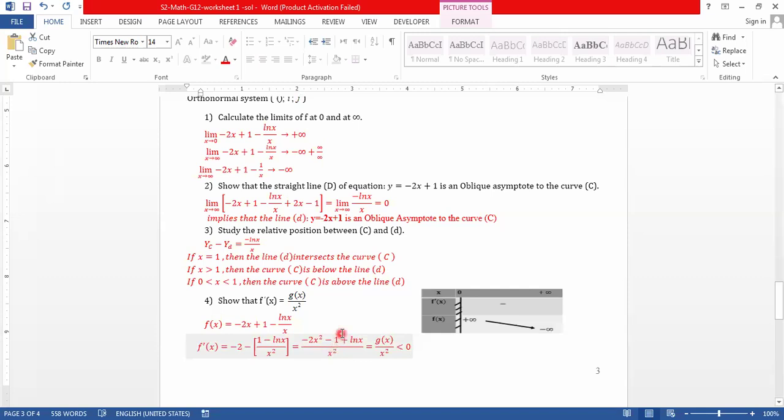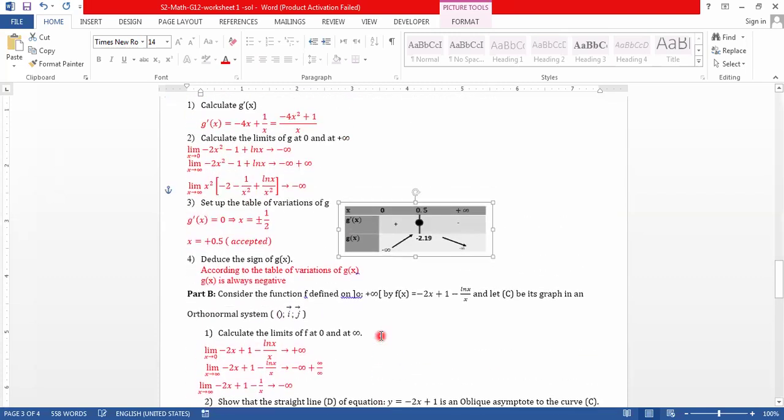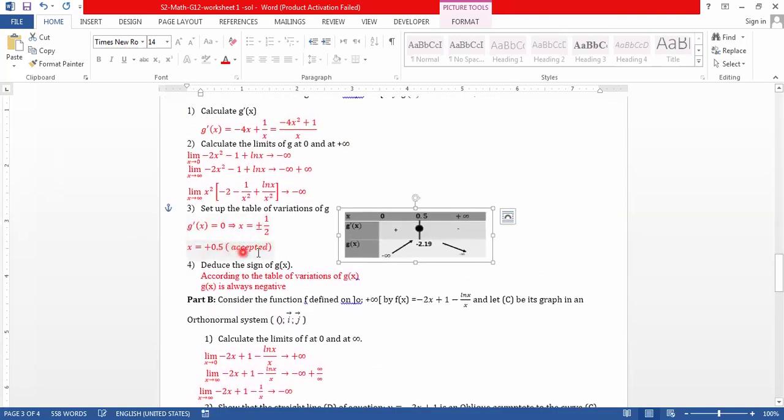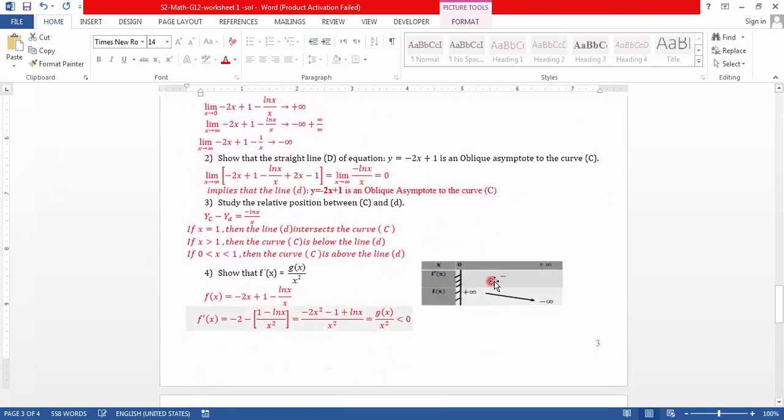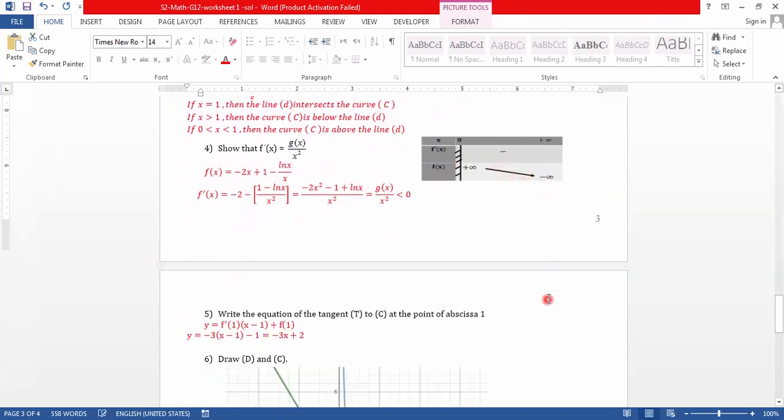So you go back to g of x, okay? When does g of x equal 0? g of x is never equal to 0 because the maximum is negative. So this derivative is negative. It takes the sign of g of x. So the sign of f prime of x is the same as g of x. So it's negative for every x, from minus infinity to plus infinity.